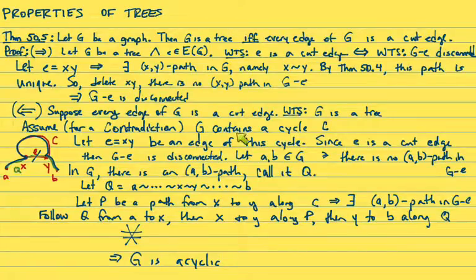The only thing we assumed is that there was a cycle, but assuming there's a cycle leads to a contradiction, so G is acyclic. Thus, G is a tree. Thus, we've proved the property that if it's a tree, every edge is a cut edge. If every edge is a cut edge, then it's a tree.